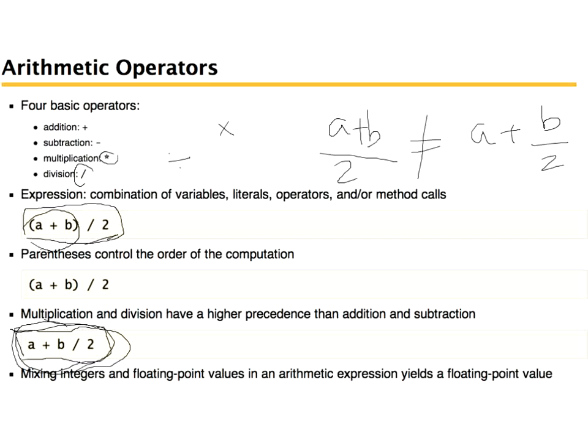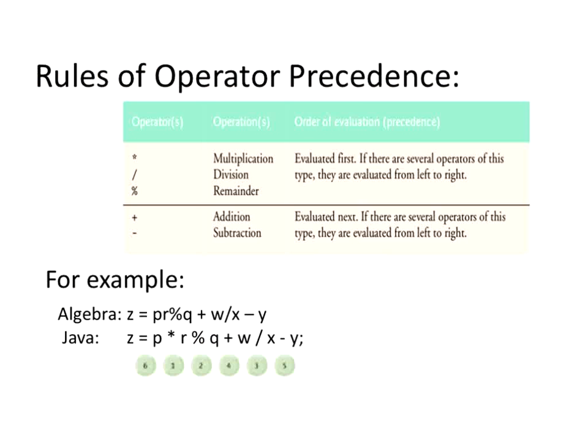But in case we do not have brackets, there are rules to work this out. These are called the operator precedence rules, the operator precedence, الأولويات. Always the multiplication, division, and the remainder have priority over the normal addition or subtraction.